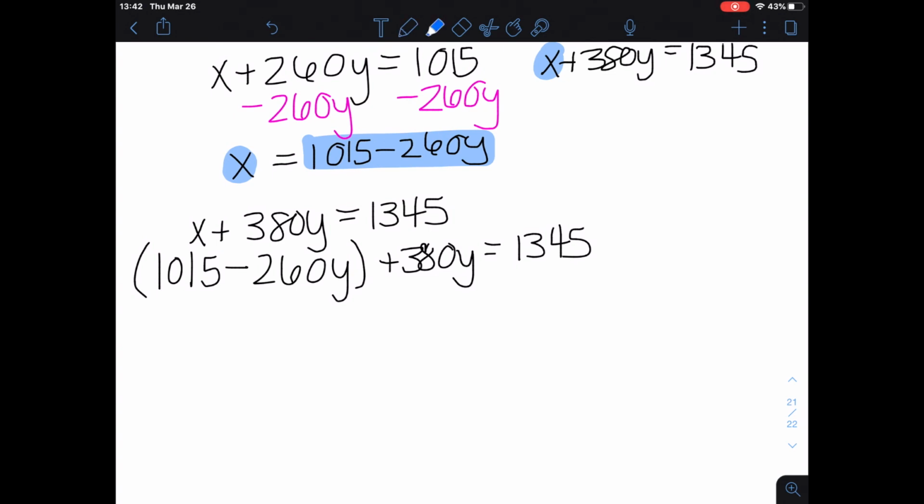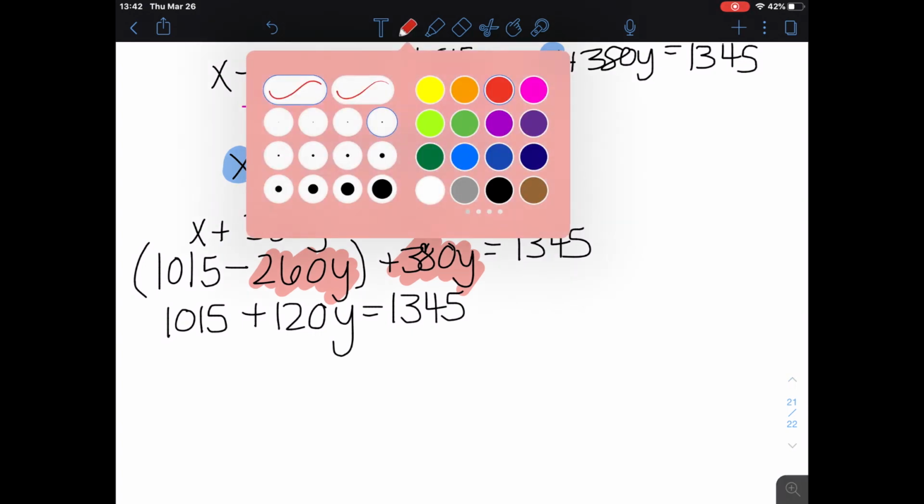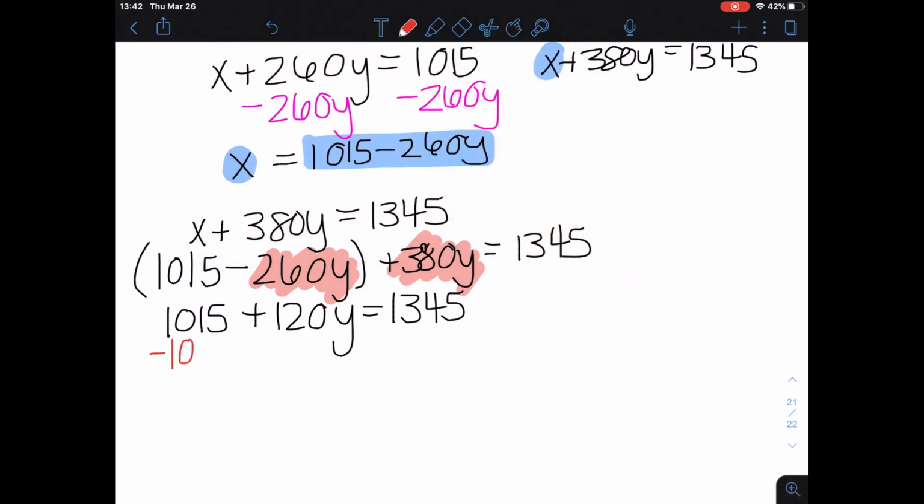Now we group our like pieces. We've got negative 260Y, positive 380Y. So we've got 1,015 plus 120Y equals 1,345. Finally, to solve for Y, subtract 1,015.